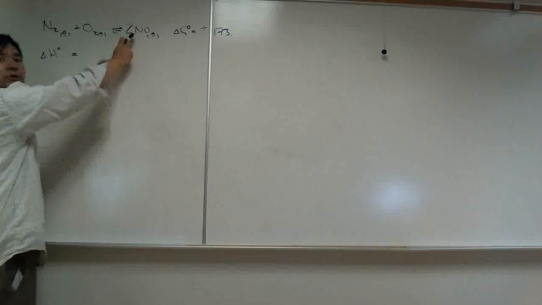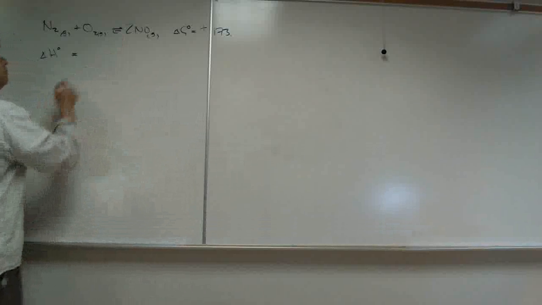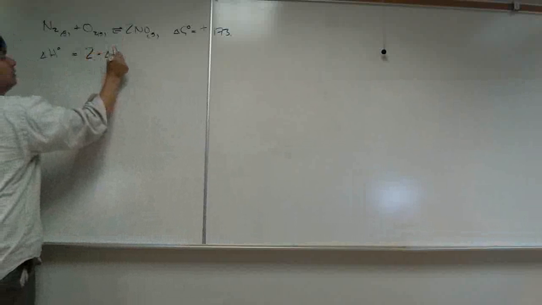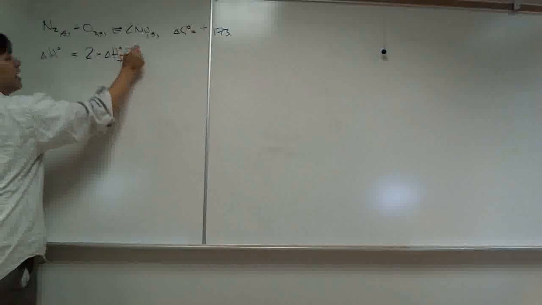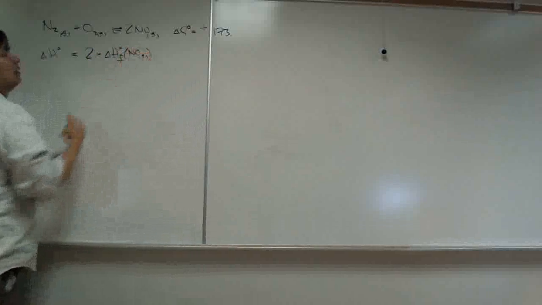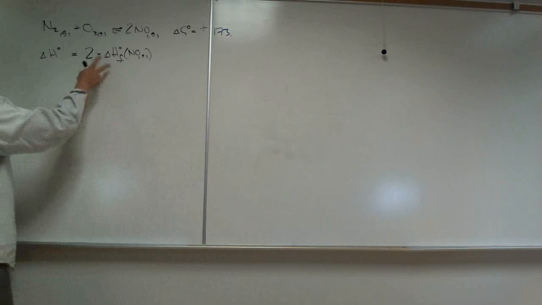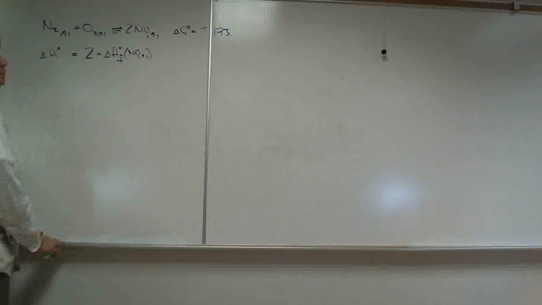We're forming 2 moles here. And so this is 2 times delta H of formation of NO gas. If we're going to form twice as much, it's going to cost you twice as much energy, or produce twice as much energy, depending if it's exothermic or endothermic, right? Energy is extensive, so twice as much energy.